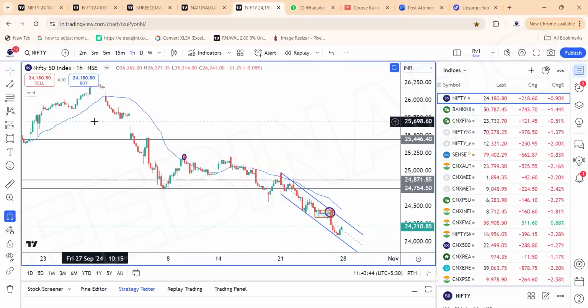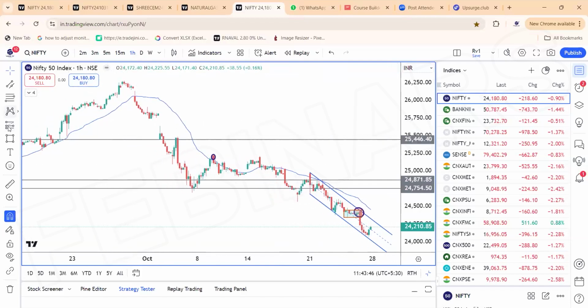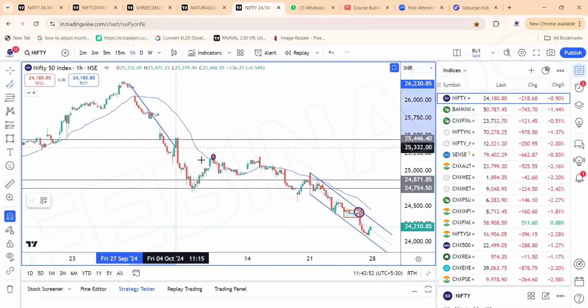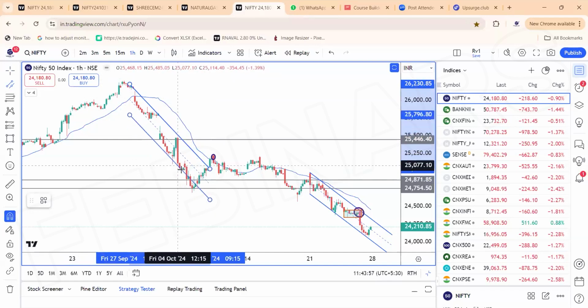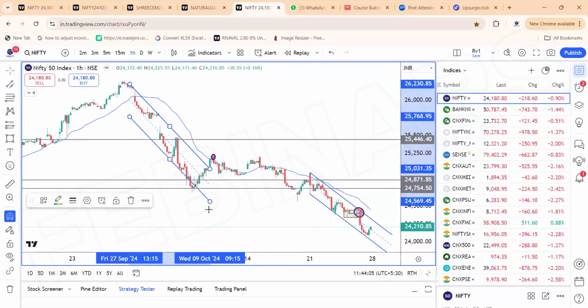Continuously from here where it started, this whole trend, nowhere are we seeing a candle close above the previous high. Guys, it's very simple. Till here it has not closed a single time.